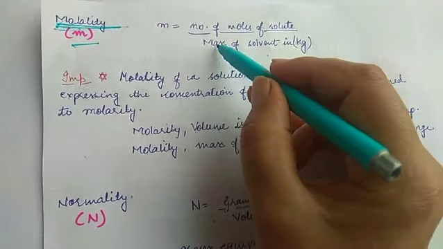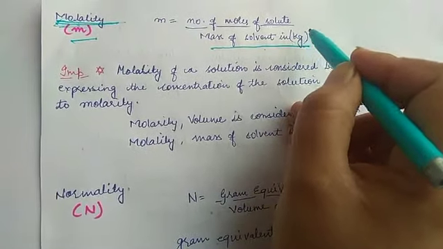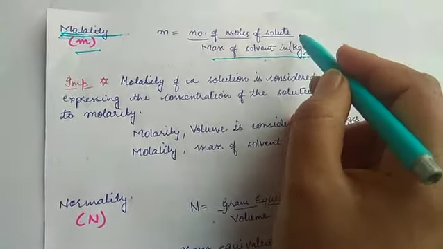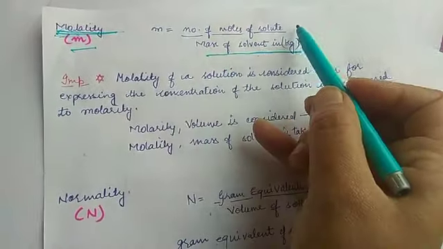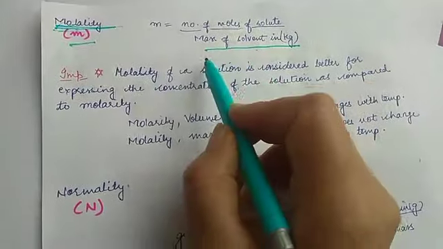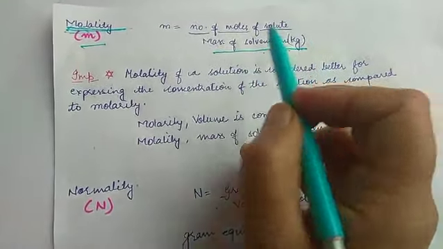If the mass of solvent is in gram, then convert it into kg. Simply we have to divide by 1000. So we can calculate the number of moles of solute with the formula, divided by whatever mass of solvent is given, put that mass here.